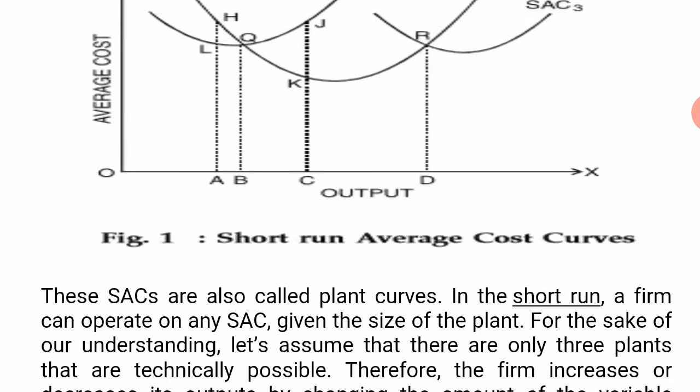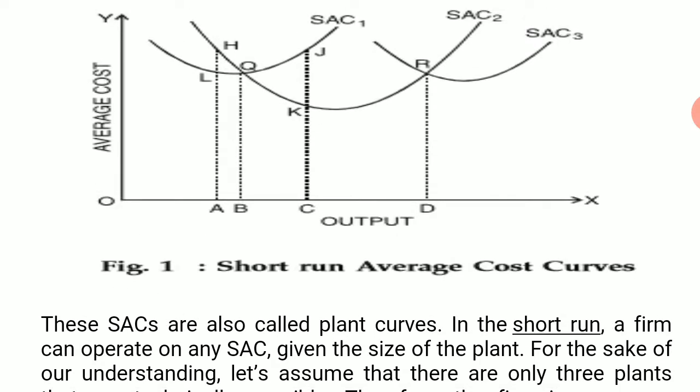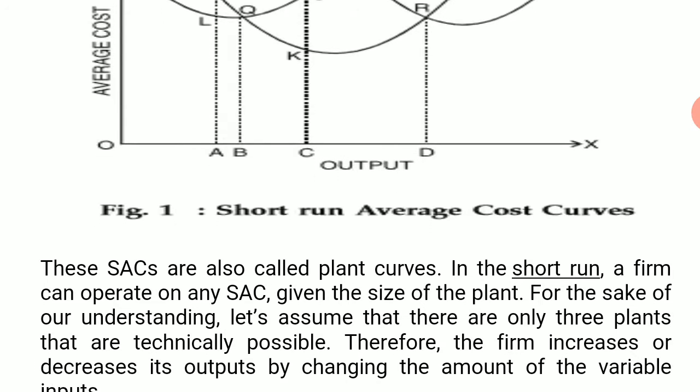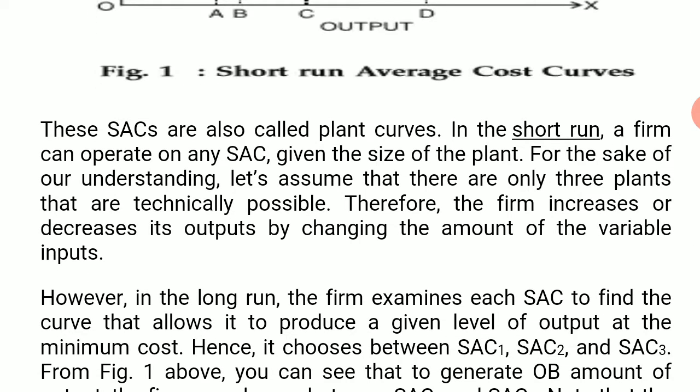In the short run, a firm can operate on any SAC given the size of the plant. For the sake of our understanding, let's assume that there are only three plants that are technically possible. Therefore, the firm increases or decreases output by changing the amount of the variable input.